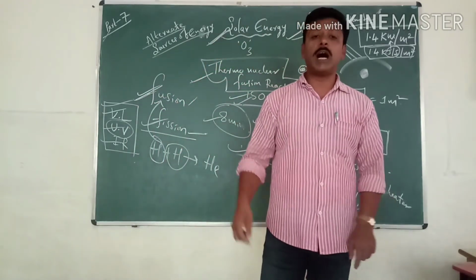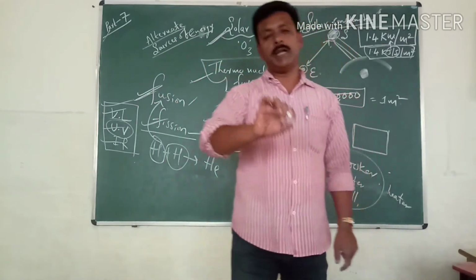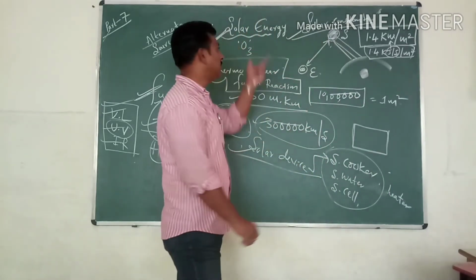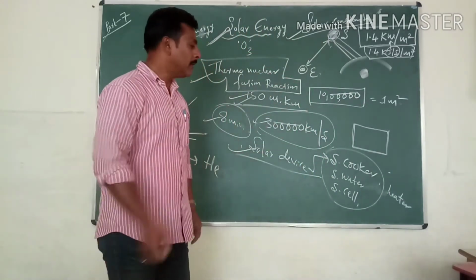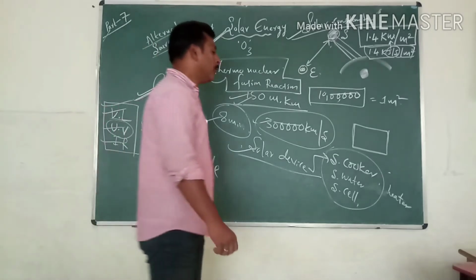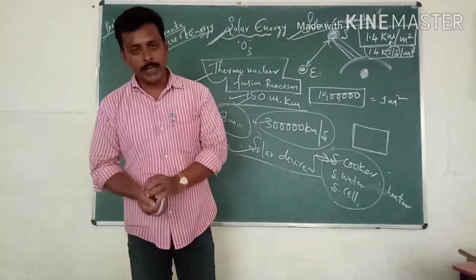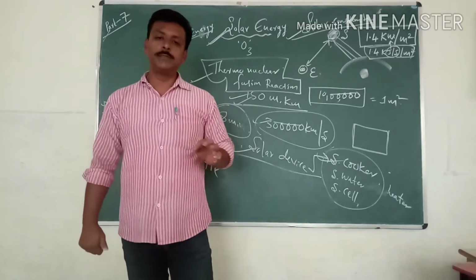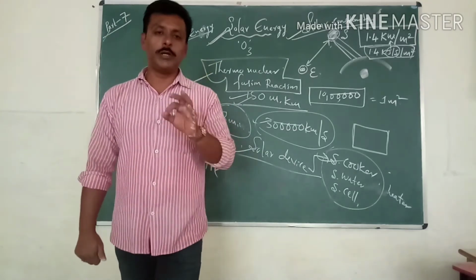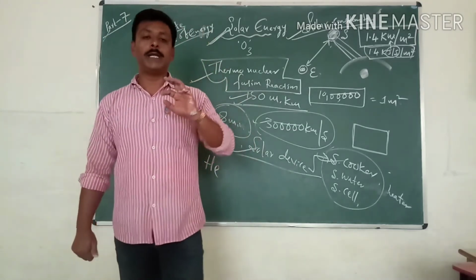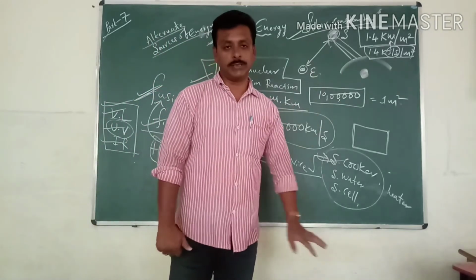Solar devices are the devices which can do work by utilizing solar energy. Now we have to discuss one by one: what do you mean by a solar cooker? A solar cooker is a solar device which is used to prepare food by utilizing solar energy.